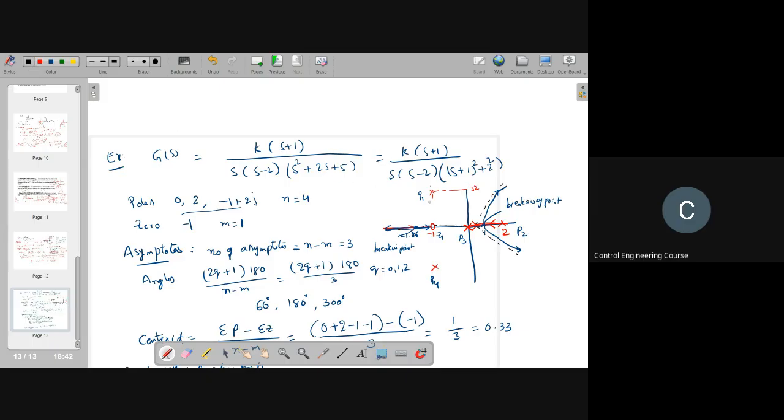That means we need to calculate the angles: this is phi P2, the angle contributed by pole P2 to P1, this is phi P3, this is phi P4, and this is phi Z.